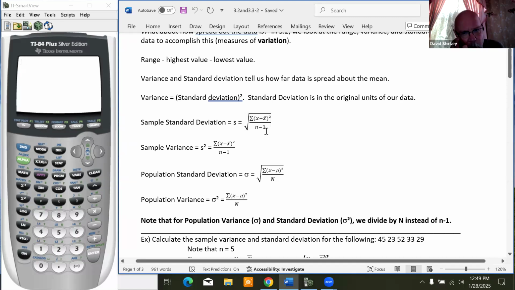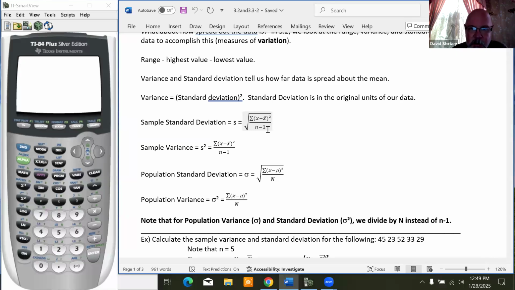The reason for the minus 1 is it gives you a more precise idea based on the small sample that you took. So it helps exclude extreme values that might throw off your sample standard deviation. If you square s and get rid of the radical sign, you get the sample variance, s squared, which is the sum of x minus x bar in parentheses squared, divided by sample size n minus 1.